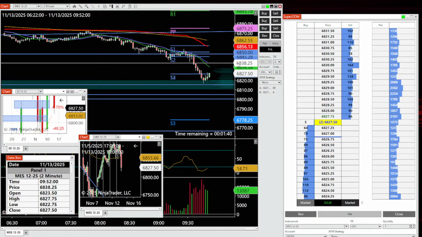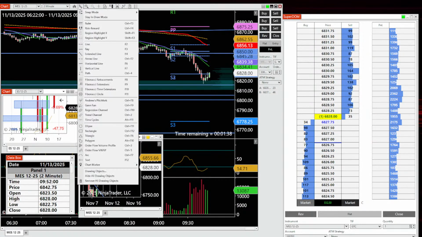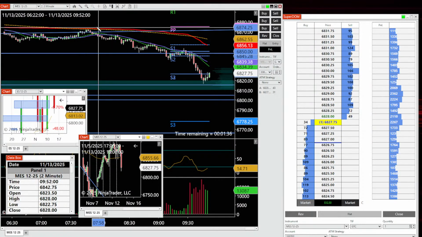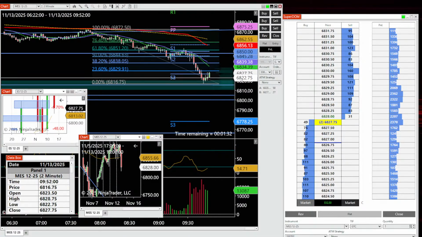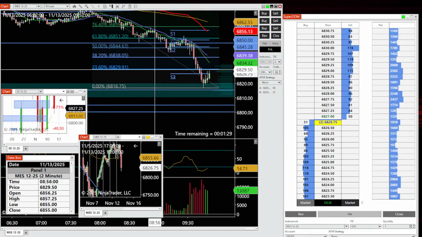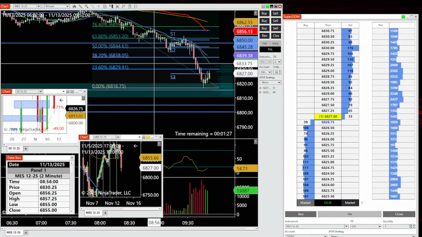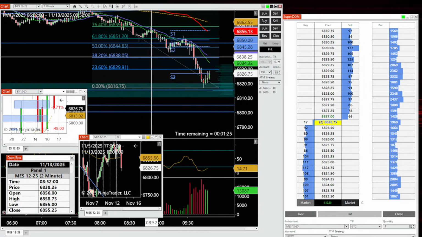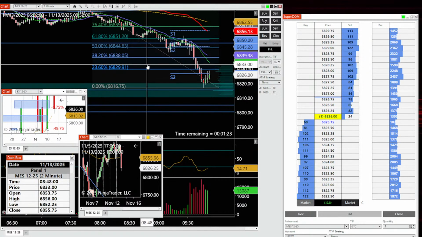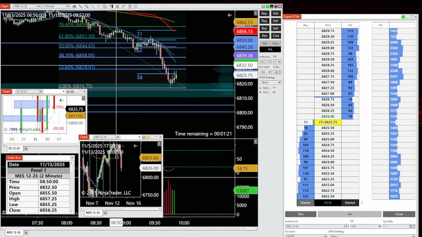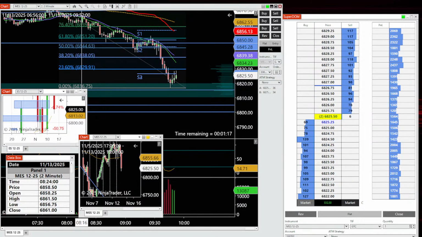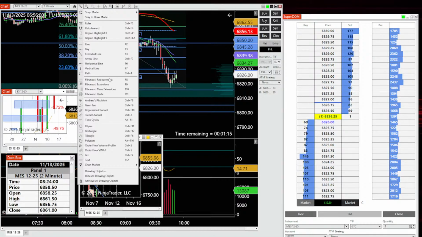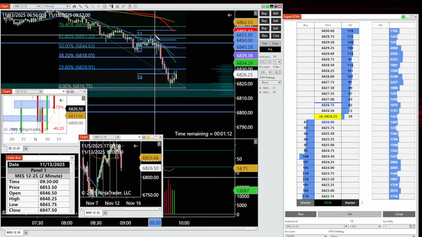Oh, if we retrace back. Okay. Let's get some fib retracements here and see if we can try. Okay. 30. The 50 is 44. The 50 is 44. So if we get a move just from the previous.